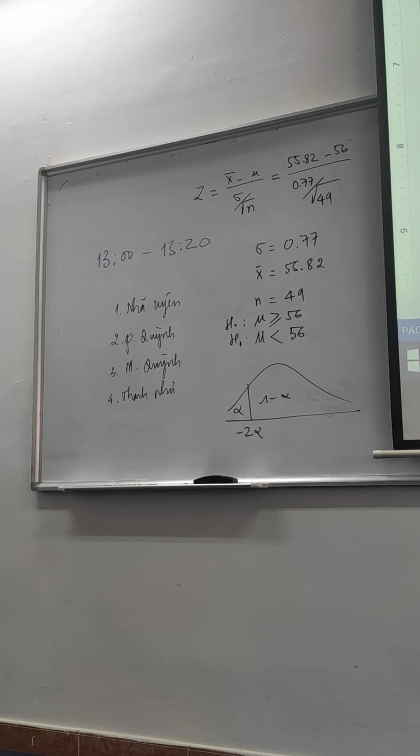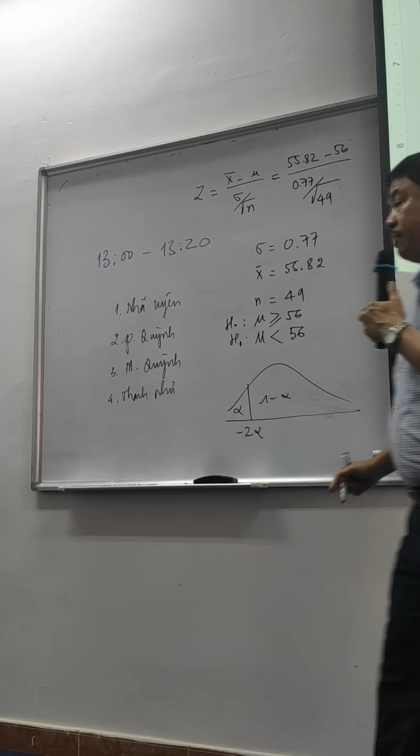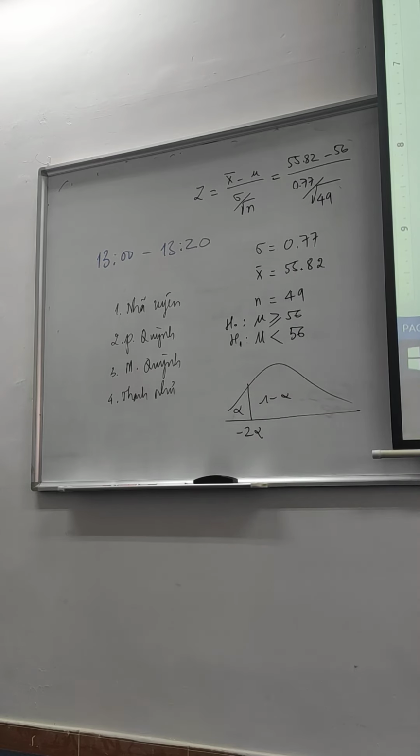Remember the way to find the p-value for the Z test? You can use a function in Excel. You can also look at the table. So look at the table and tell me what value we have.